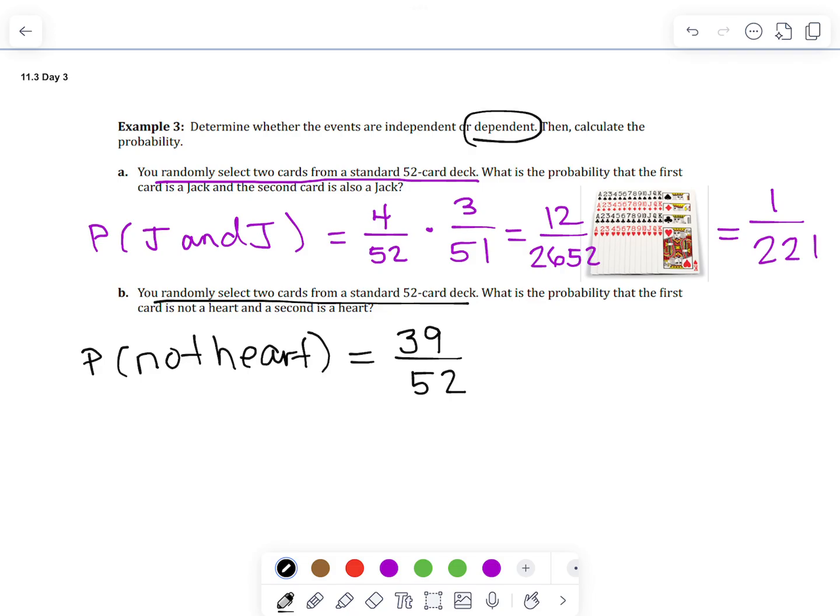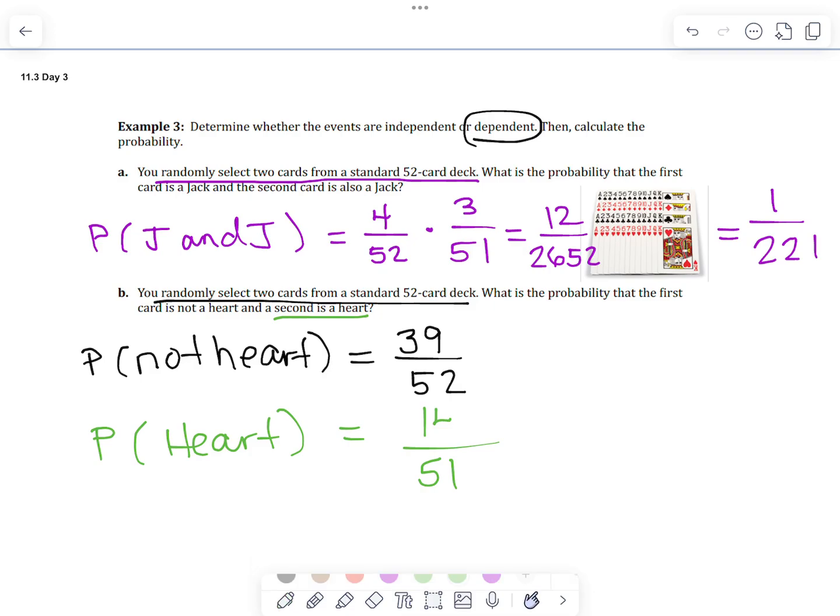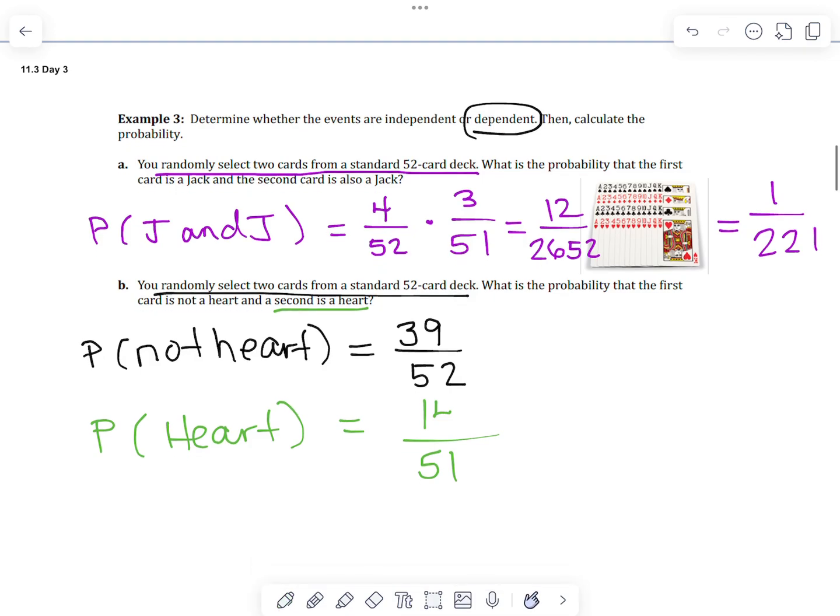Then a card has been chosen, so the second card is a heart. So now the second card is being chosen, and this one we want it to be a heart. So there are 51 cards left in the deck, and there are still 13 cards left that are hearts.